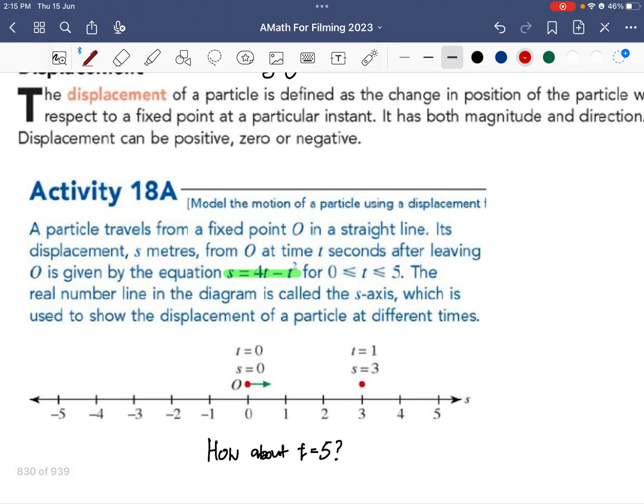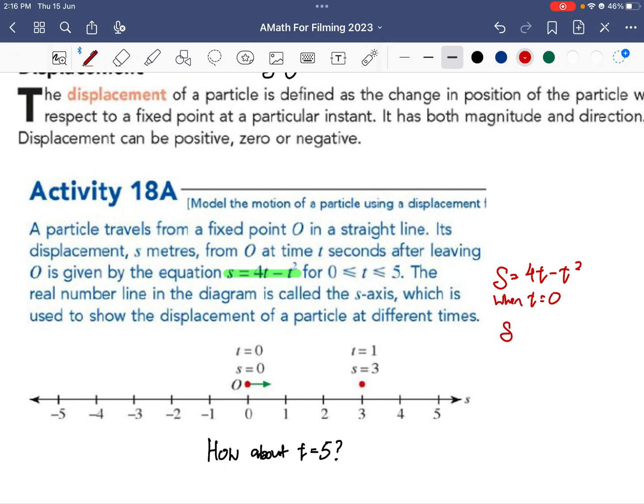Okay, so for example, let's say I am given a displacement of s equals 4t minus t squared for t between 0 and 5. So I'm using s equals 4t minus t squared.